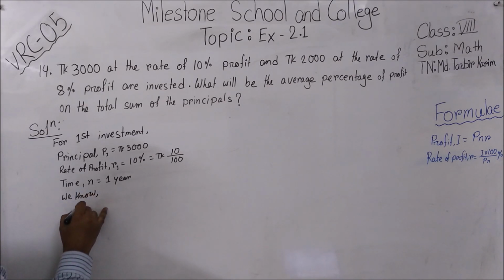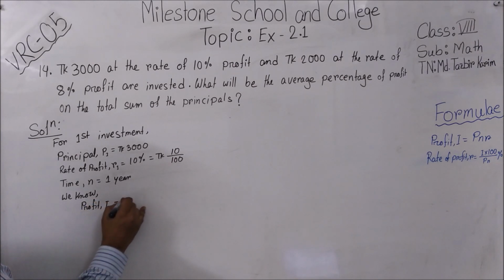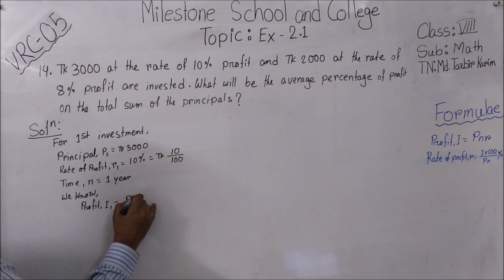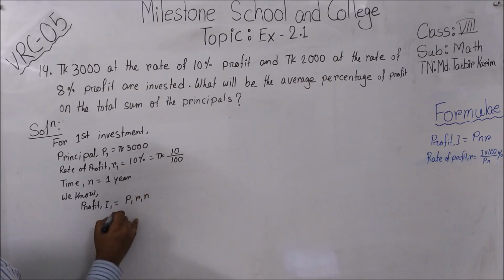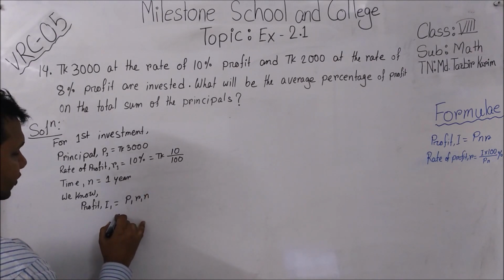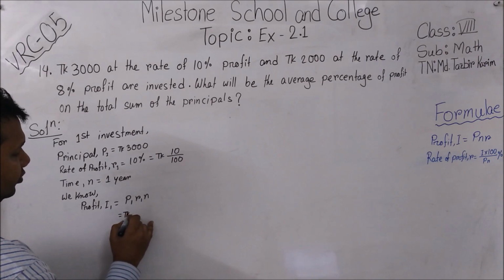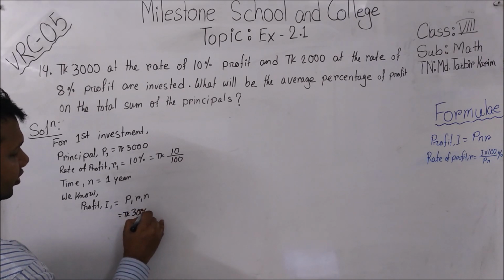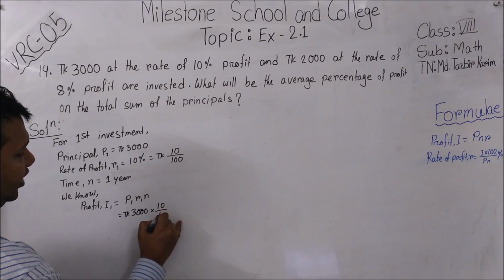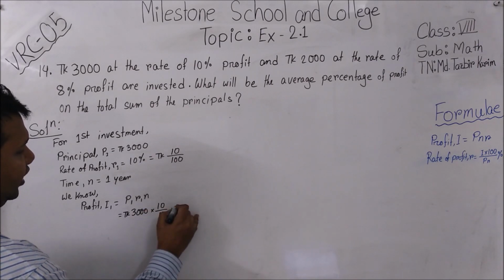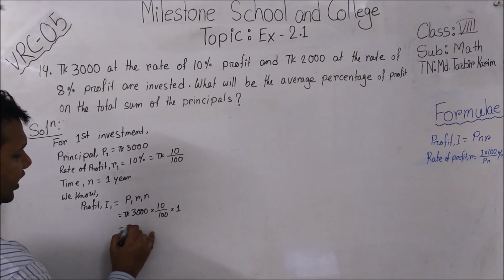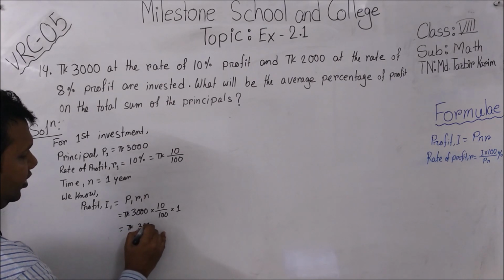To find out the simple profit, I1 equal to P1 R1 N. If you put the values, P equal to taka 3000 into 10 by 100 into N equal to 1, you will get taka 300.